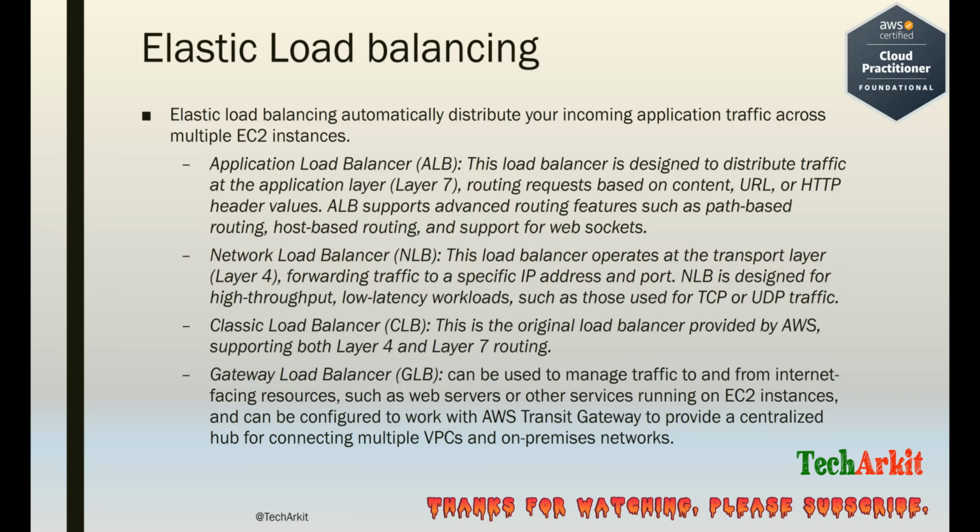So this is basically a route where you can take your internet facing resources, right? Where it might be some web application hosted over there, or maybe some instances which are set up for accessing remotely. So that's where you can use this GLB.